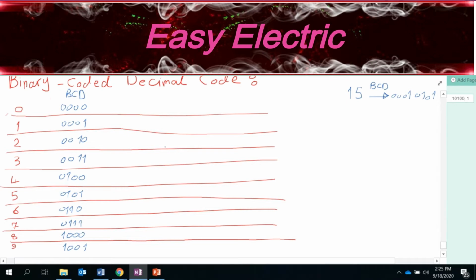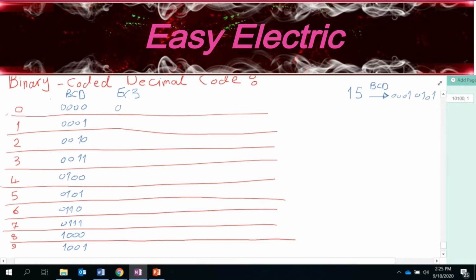Okay. So similar to this, we have some other codes. I'm writing the most famous ones, and the BCD is one of them. We have the XS3, which we write as XS3, excess-3.